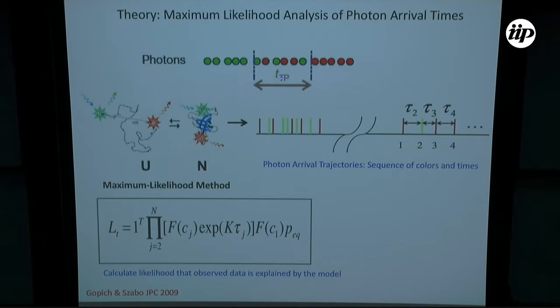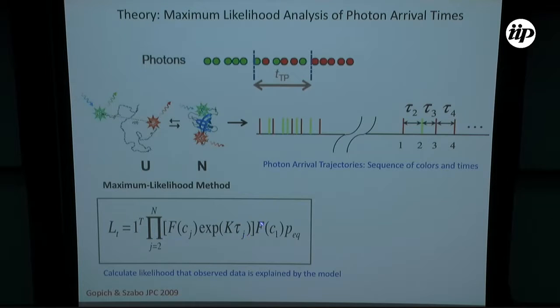Then what I can do is look at the times, which is another information that I get from these experiments. So I can get the color and the arrival time. So I can get a photon trajectory, a sequence of colors and times, which is what you have here, okay? And then I take this data directly and perform a maximum likelihood analysis and see what would be the most likely process that is giving rise to the sequence, okay?